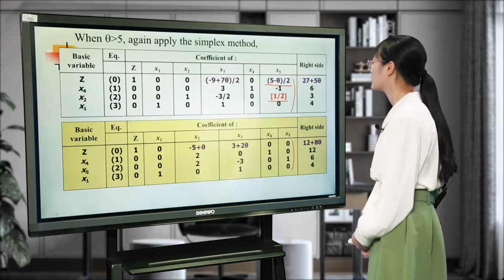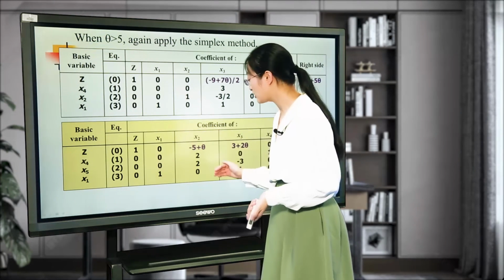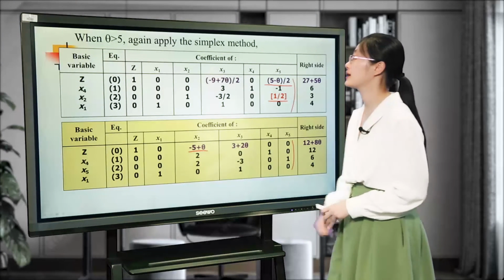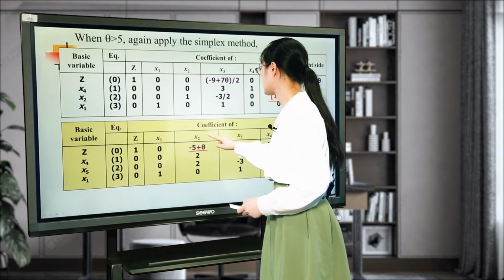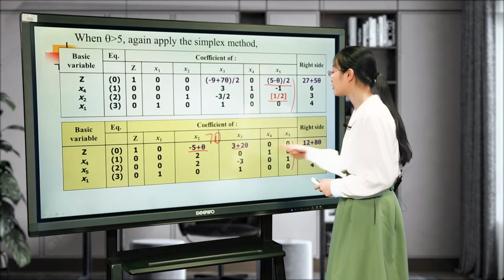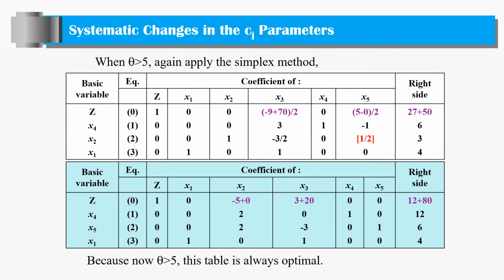After doing that, we can see that in equation 0 in this final tableau, even though it contains a negative value, because theta is bigger than 5, this is positive. And then theta is non-negative, so all the values in equation 0 are non-negative. So this table is always optimal. So now theta is bigger than 5, we obtain an optimal solution.